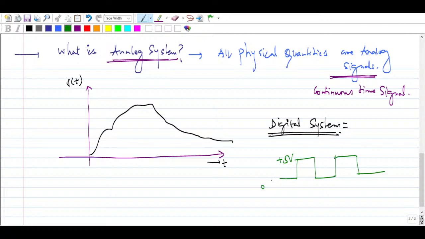Different kinds of pulses you will also see in digital communication if you are from electronics and communications, like non-return to zero. Here one is for plus 5 volt, 0 is for 0 volt. In digital, we only talk about 0s and 1s, and in analog it is continuous.